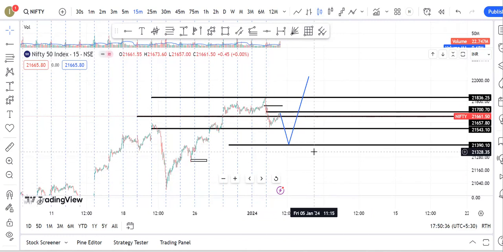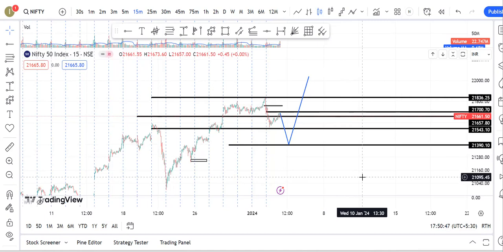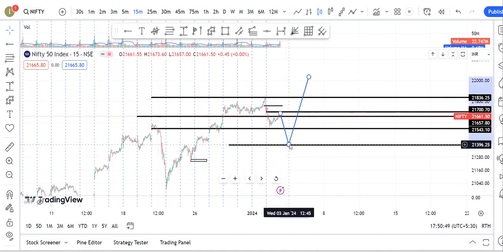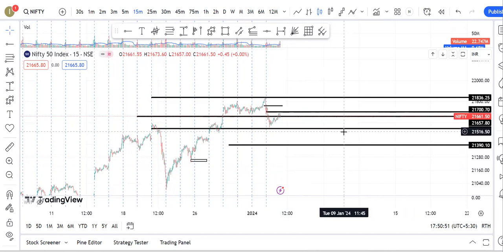Put option selling below the support, and call writers will start selling above a particular resistance, the upper range. So this is how support and resistance or the probable range can be extrapolated.